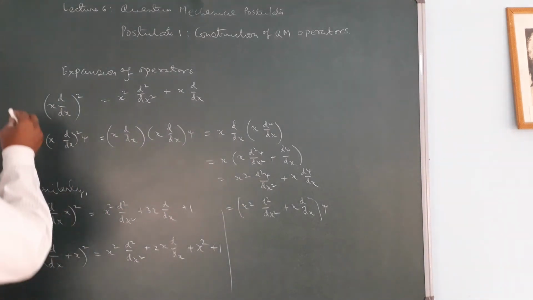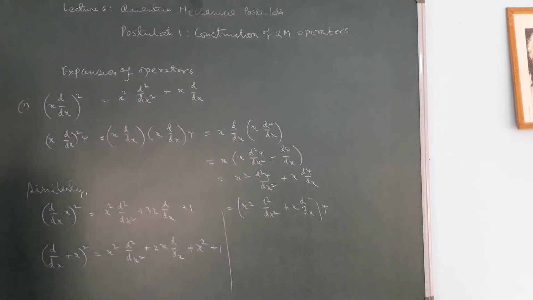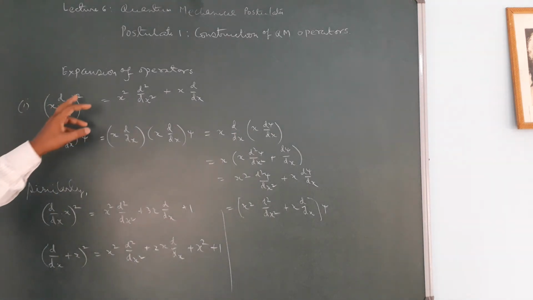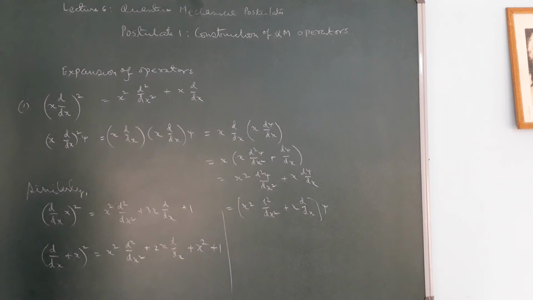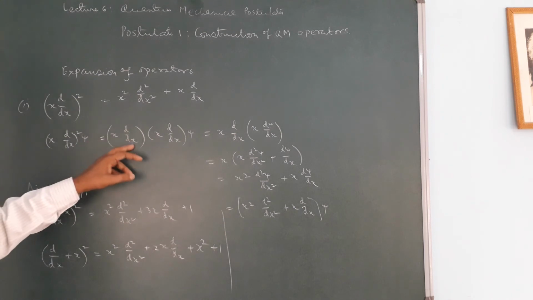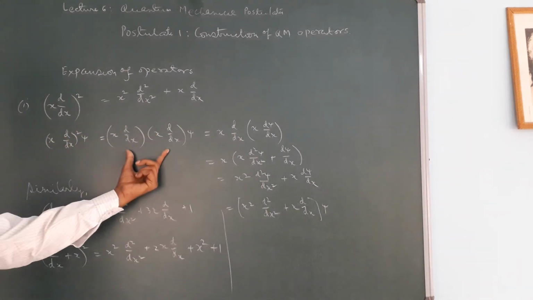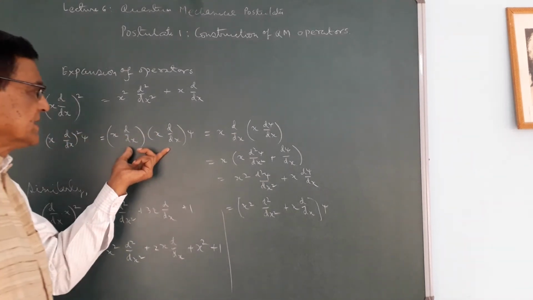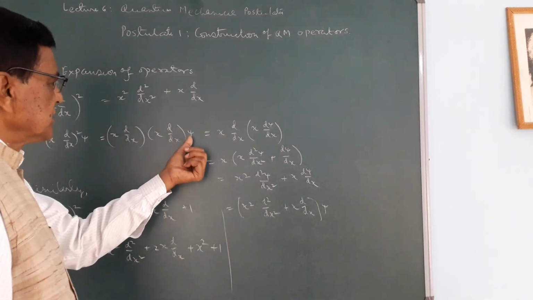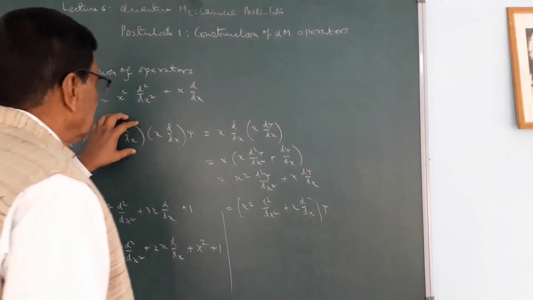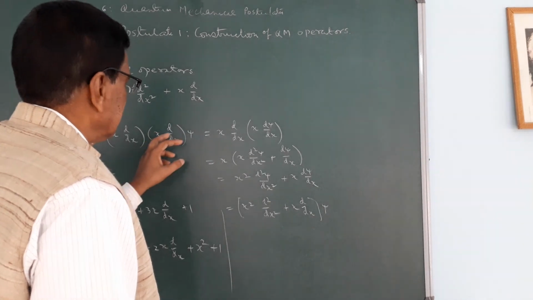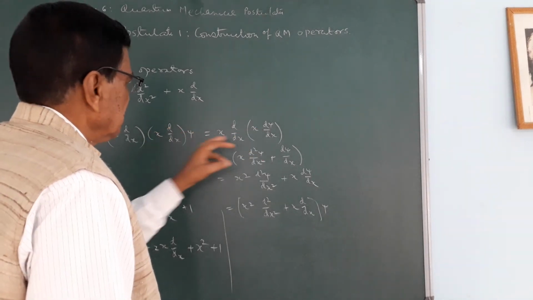So first, this operator (x d/dx) whole square is to be expanded. So psi, the function of x, is added, and x d/dx are two successive operators operated on this function psi, and this x and d psi by dx.